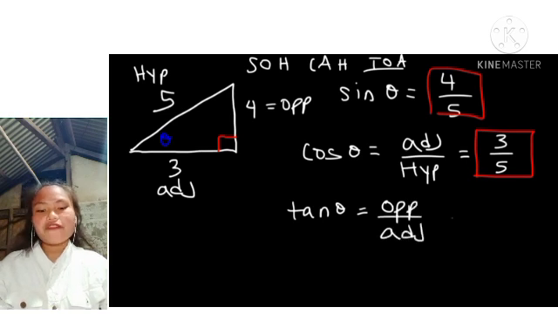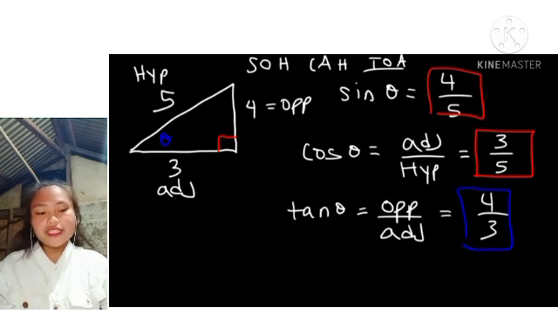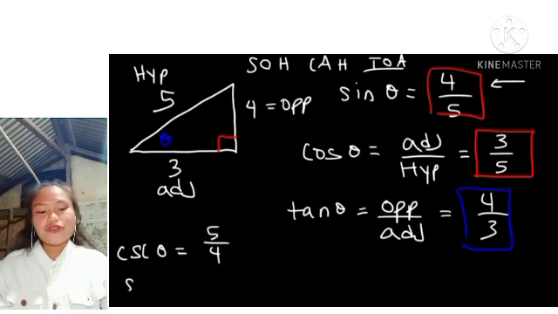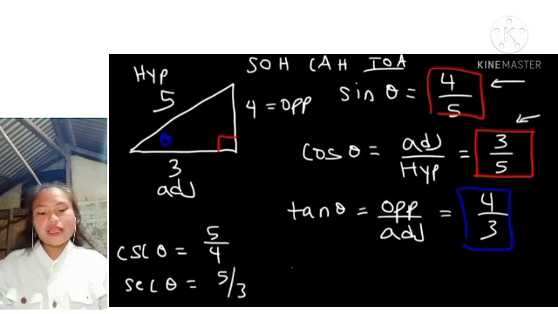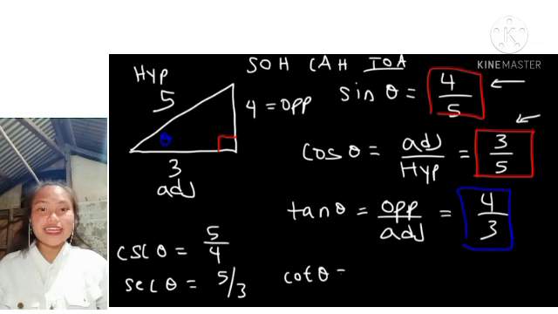so that is the value of cosine. Now, find the value of tangent. Tangent theta, according to TOA, is equal to the opposite side divided by the adjacent side. So that's going to be 4 divided by 3. So that's the value of tangent.